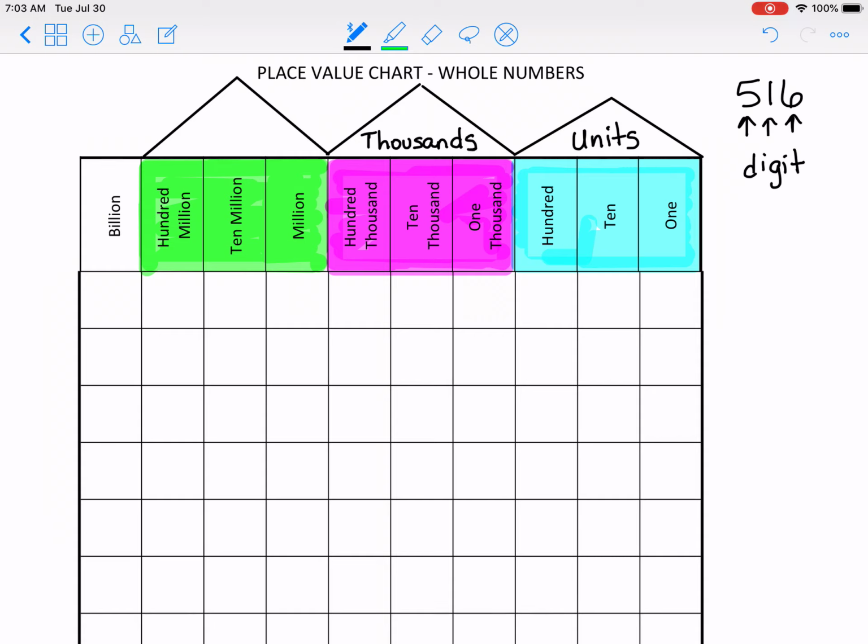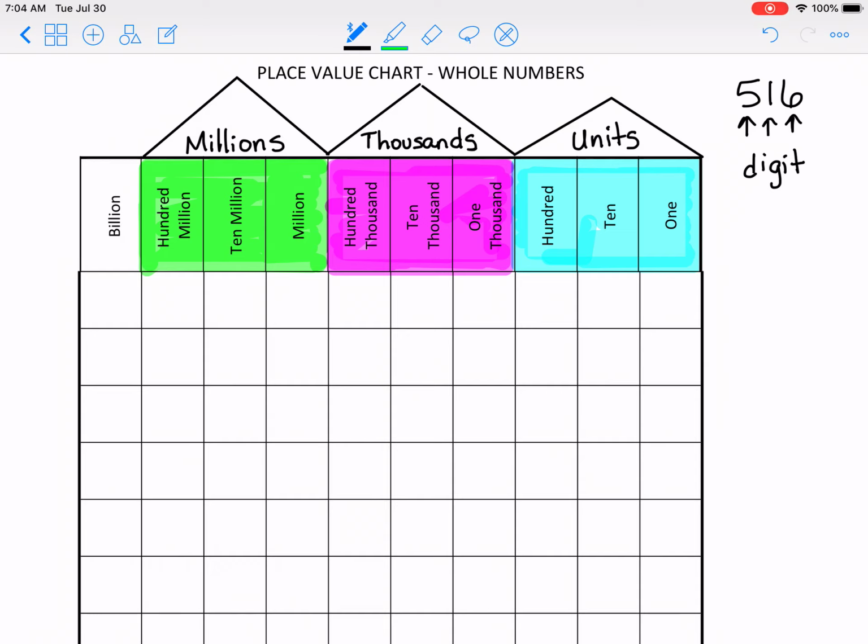That includes 100,000, 10,000, 1,000. And our millions period, sorry. And our millions period includes the 100 million, 10 million, and million place value.